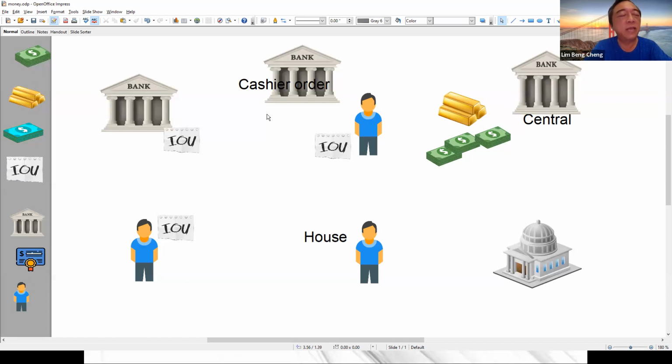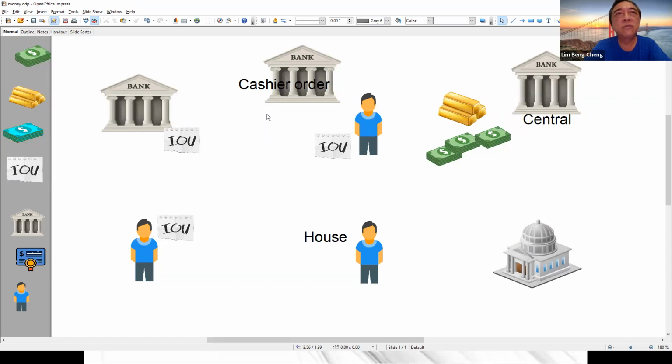But in large numbers, let's say we talk about 3,000 properties sold a month. You find that in Singapore, we have the big five, let's say the top five banks will take most of the housing loans. So if you have 3,000 divided by 5, you have 600 loans and 600 IOUs.